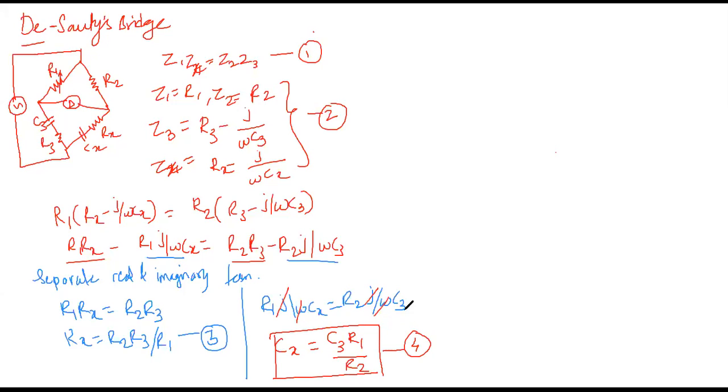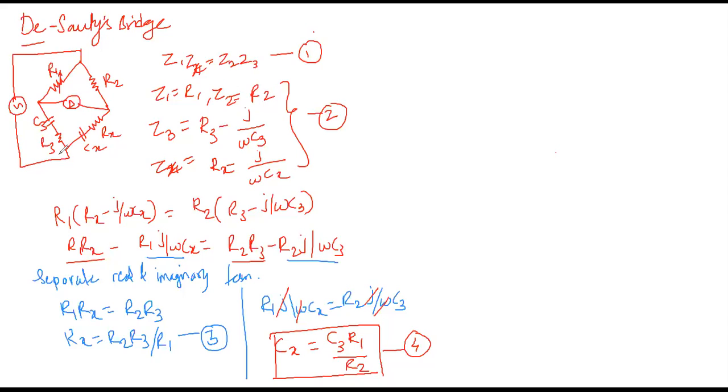So this is de Sauty's bridge, also called the capacitance comparison bridge. Arm 1 and arm 2 are resistive, and the standard capacitor C3 is in series with R3 in the third arm. Cx is the unknown capacitor, and Rx is the small leakage resistance.